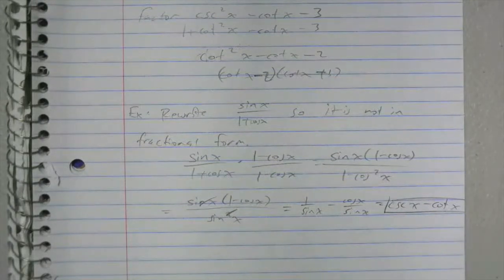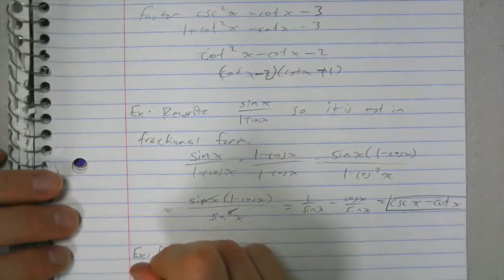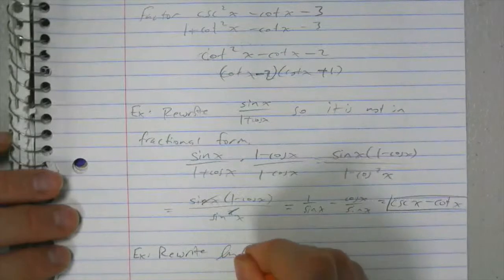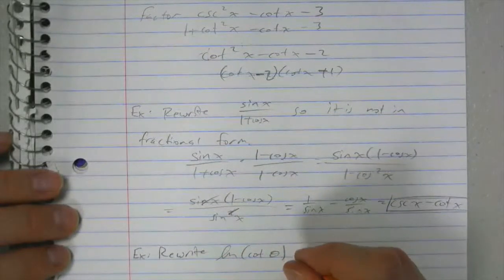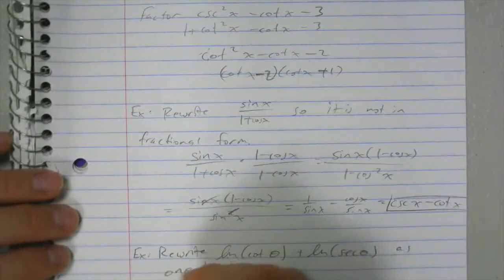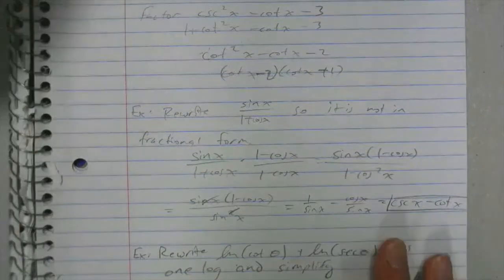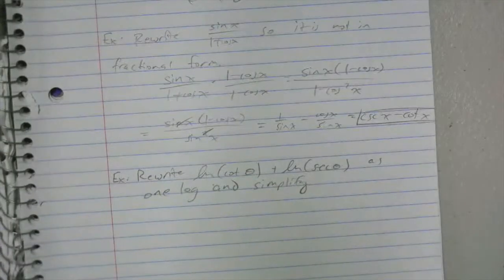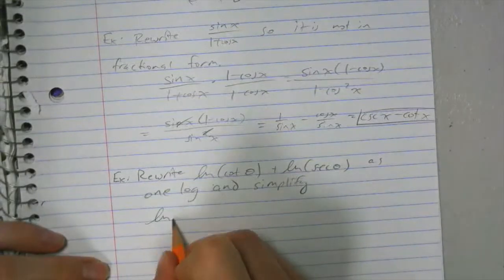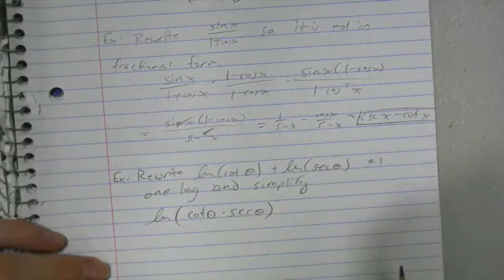One other way we could put this together is to do log stuff. Combine log stuff, say we have natural log of cotangent theta plus natural log of secant theta. Say we want to rewrite them as 1 log and simplify. Well, that's applying a log property that we learned last semester: when we add the logs, it's the same as multiplying what's inside the logs.